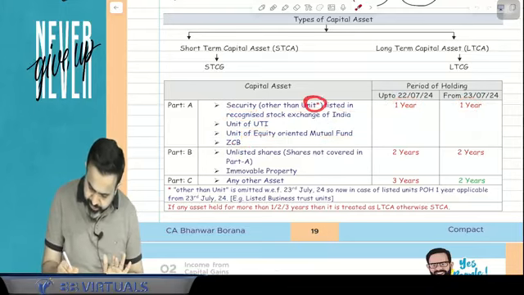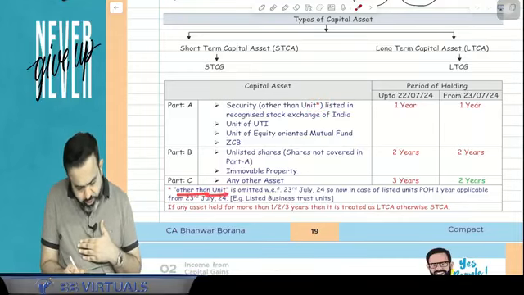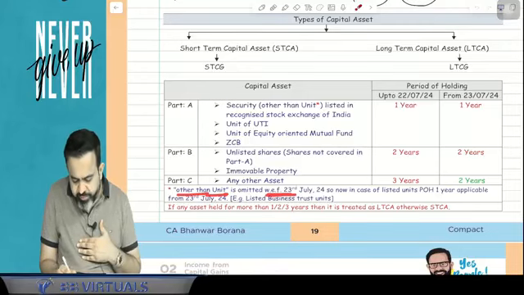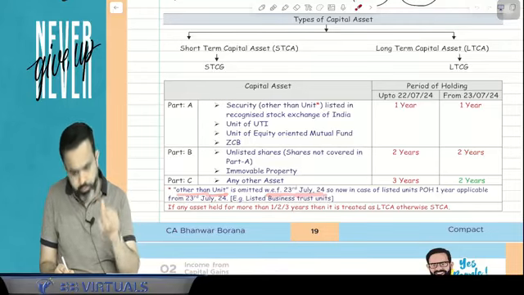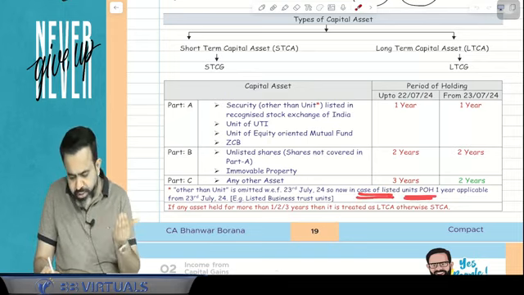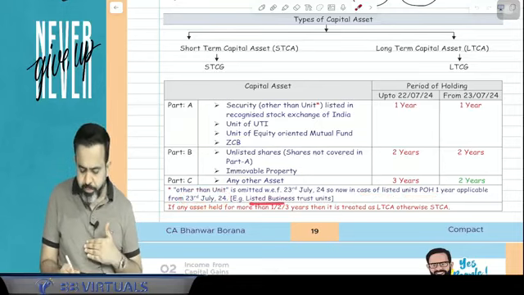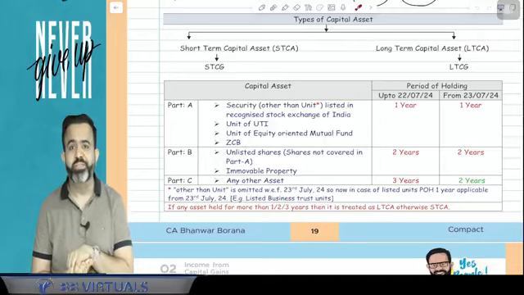But guys, at the unit, I have written something here. This "other than unit" wording is omitted with effect from 23rd July 2024. So now in case of a listed unit, the period of holding is 1 year, applicable from 23rd July 2024. An example is a listed business trust unit.